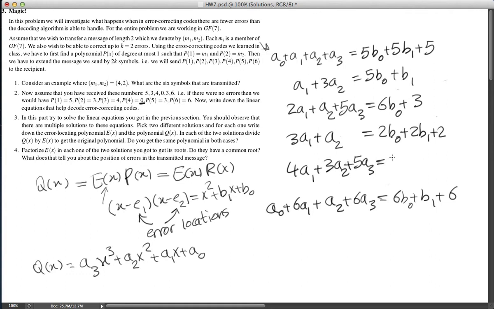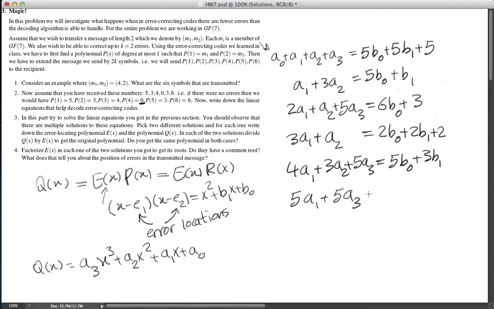This is equal to 5 times b0 plus 3 times b1, and then there is no constant term. Okay, for the last equation, what we're going to get is 5 times a1 plus 5 times a3. This is equal to b0 plus 3 times b1 plus 1.